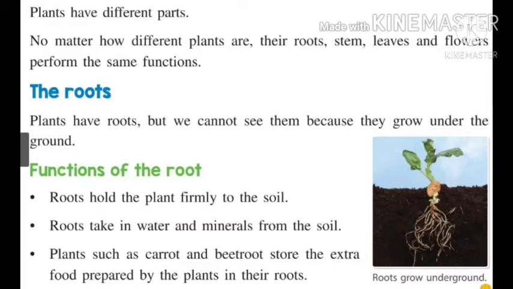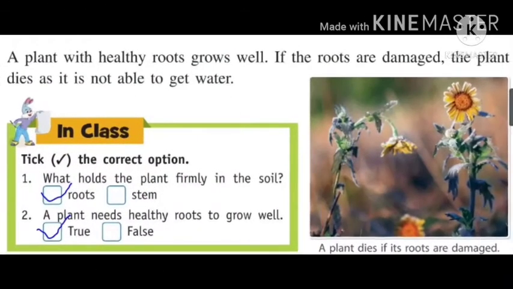The main function now: roots take in water and minerals from the soil to prepare their food. And plants such as carrot, beetroot and radish store their extra amount of food in their roots for later use. A plant with healthy roots grows well.